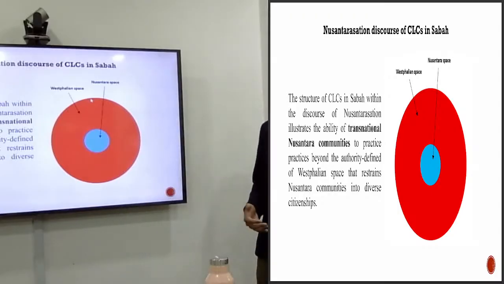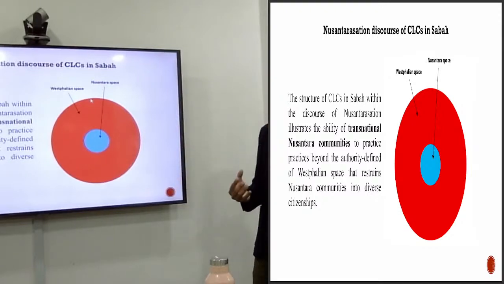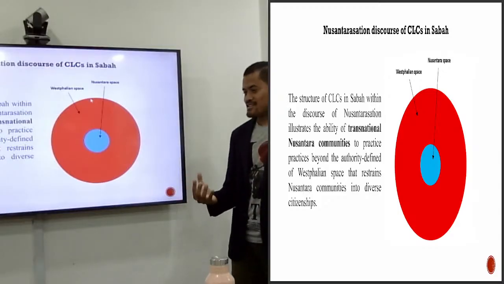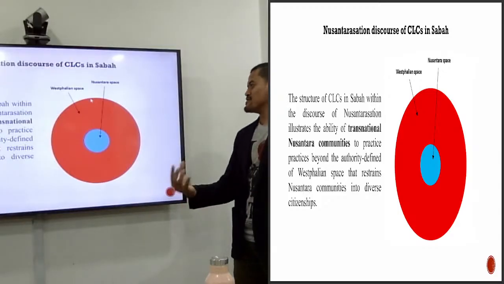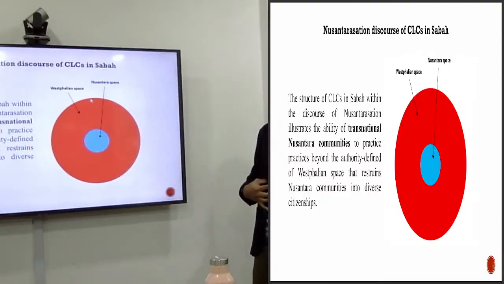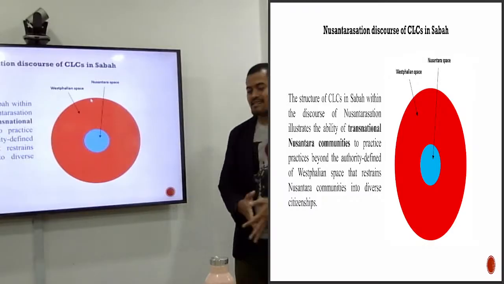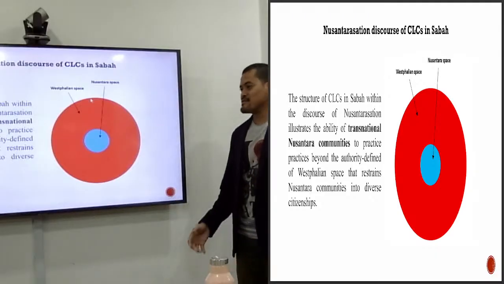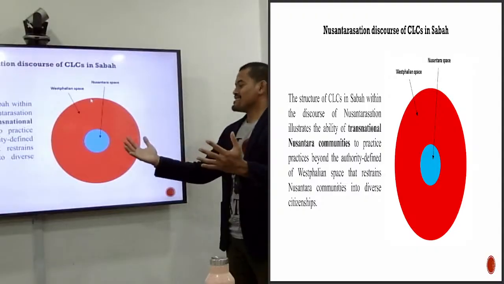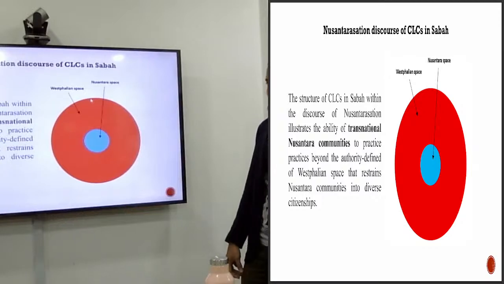There's no mixture of citizens. But the institution of CLCs is a space itself. I call it the Nusantara space because in this institution there are transnational Nusantara communities, citizens from both Indonesia and Malaysia who work together. So outside there is a Westphalian space, but inside the CLCs is the Nusantara space.